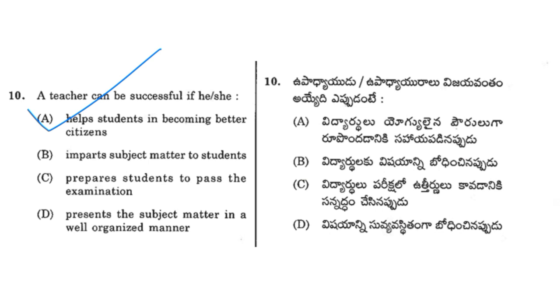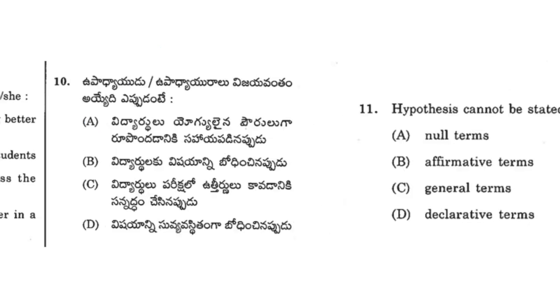So, the teacher's success is measured by their ability to shape their students' character, develop values and critical thinking, and prepare them for life, not for exams. So, option A is right. Next question.